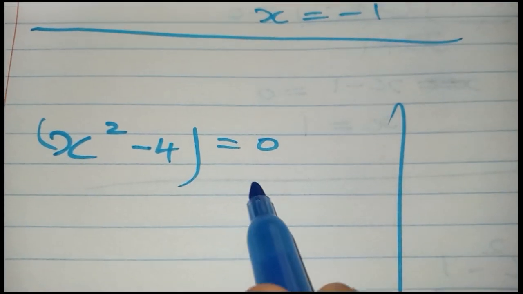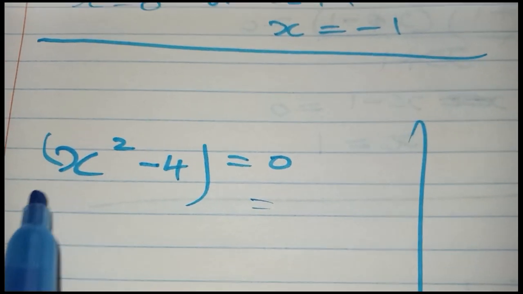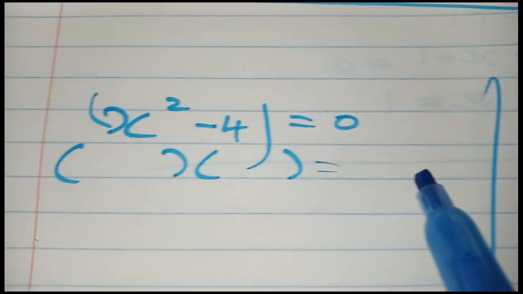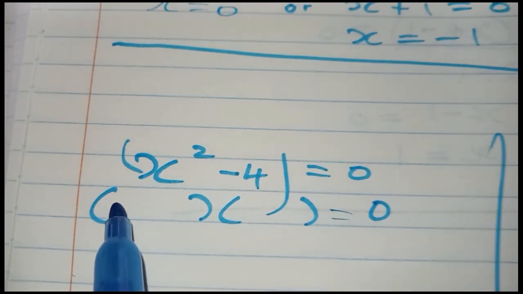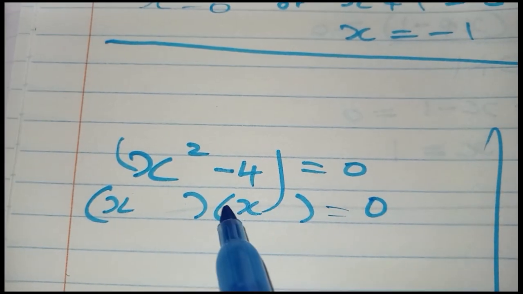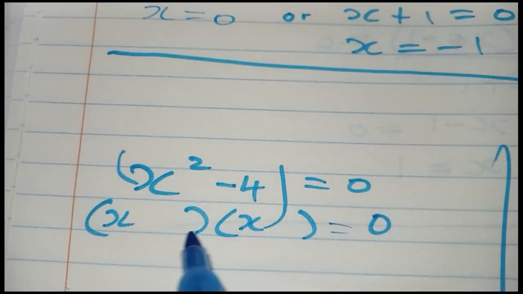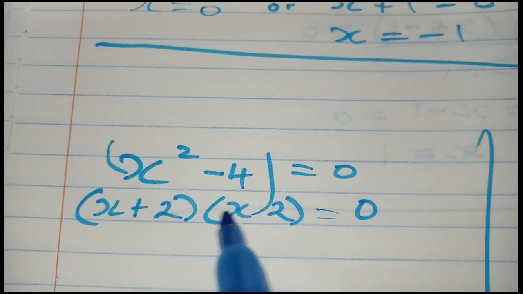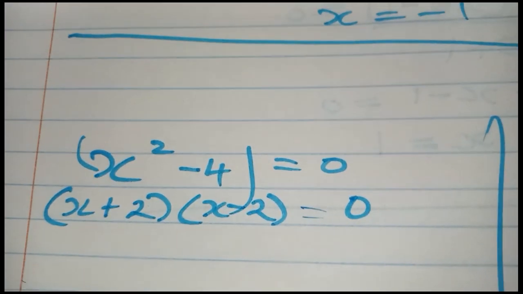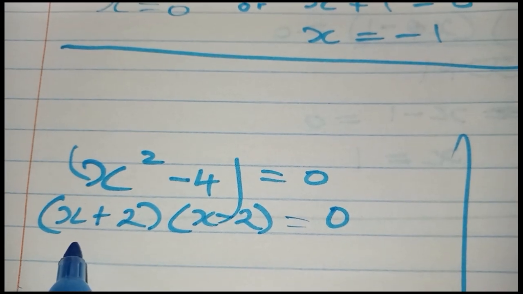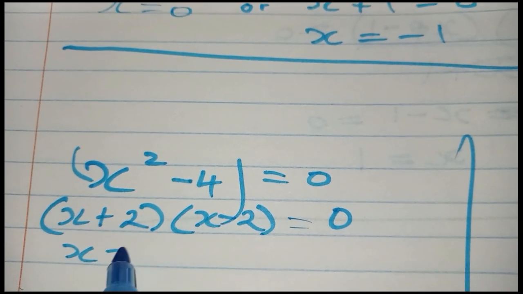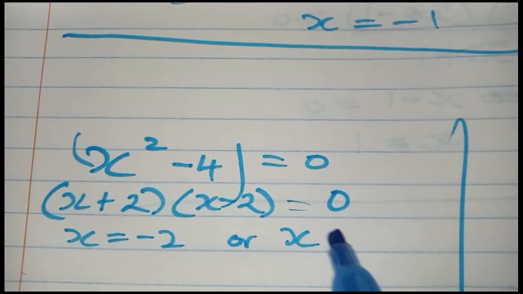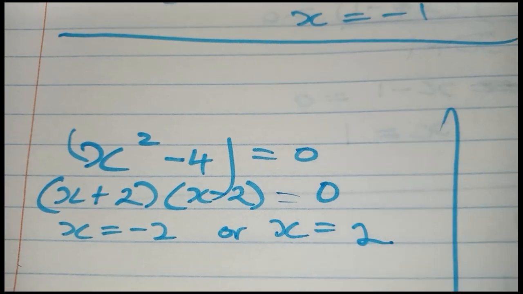And now what you would have done to solve this would be to open up two brackets. This is the difference of two squares. And now you just say x and the factors of this number are 2 and 2, plus minus, so x is equal to minus 2, or x is equal to 2, right?